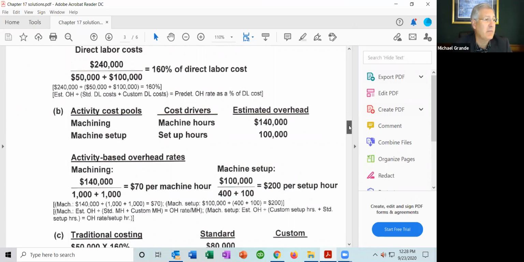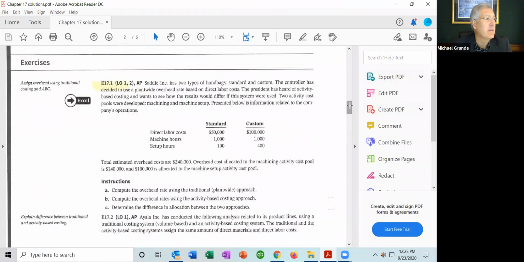If we go back to the problem, they're telling us here, of the $240,000 of total manufacturing overhead, 140,000 of it relates to the machining cost pool, and $100,000 of it is related to the machine setup cost pool.